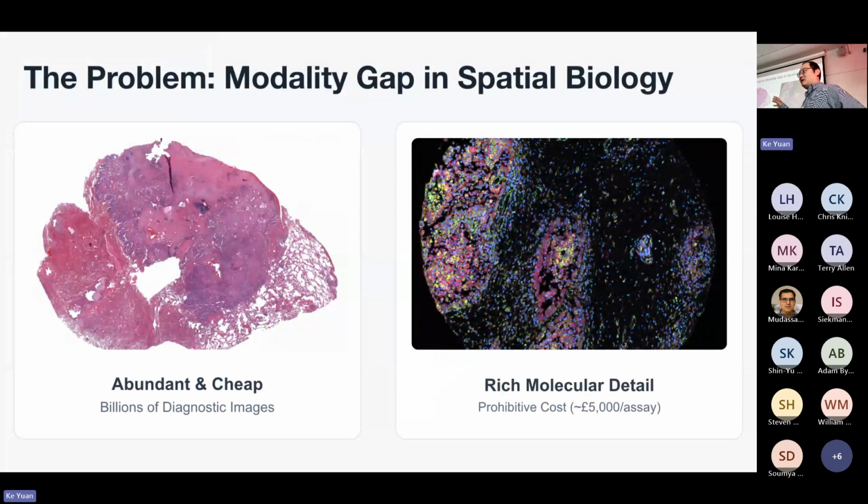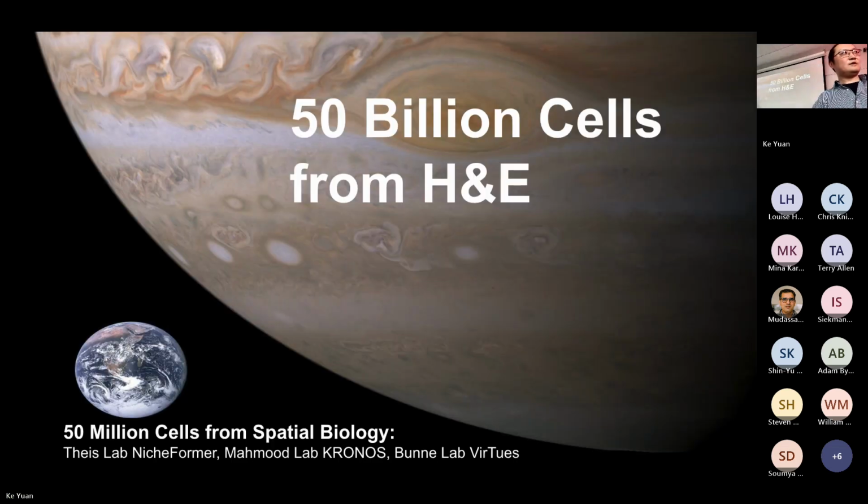The reason I want to get back to H&E is that if you look at it in terms of making a clinical impact, and also just the sheer amount of biological information in H&E, compared to its more interesting molecular counterpart, there is a very big gap in the number of samples that you have to build your model or to make your studies.